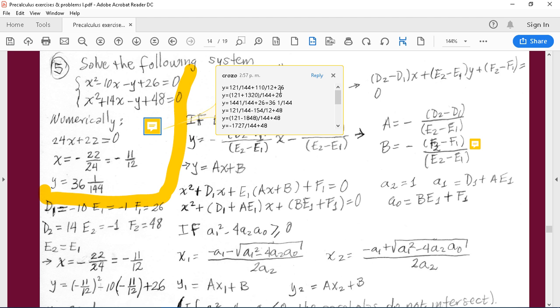Minus and minus gives me a plus sign here. And we have 26. Remember that y equals x squared minus 10x plus 26, which means that y equals 121 over 144 plus 110 over 12 plus 26.